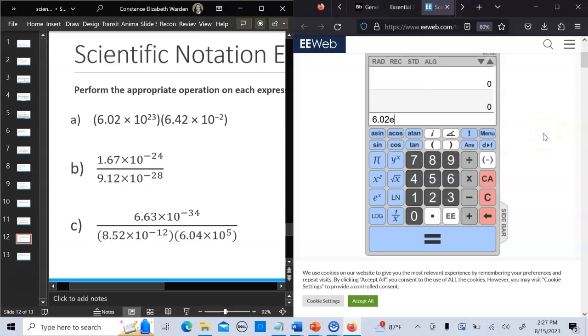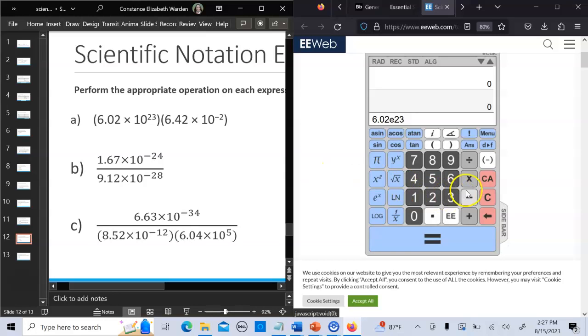And then the only thing that we need to add is the power itself. So if it's 10 to the 23rd, we are only going to include the 23rd. Notice in the calculator you do not see times 10 anywhere.